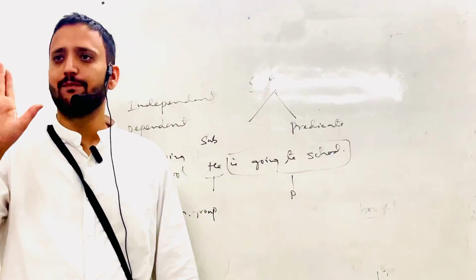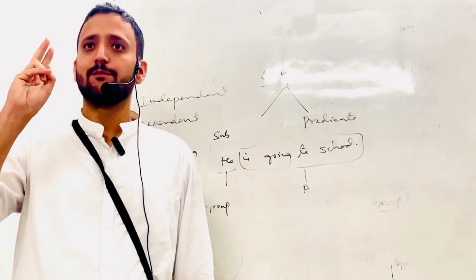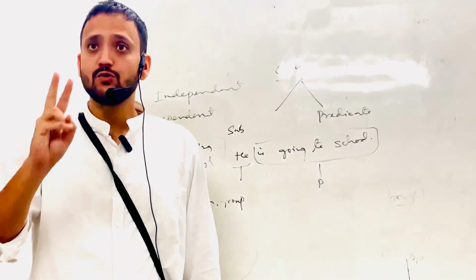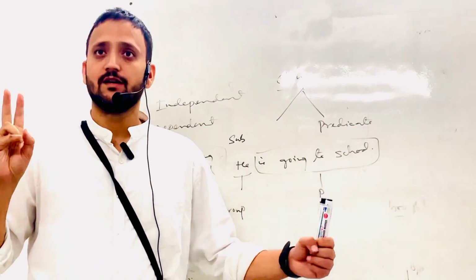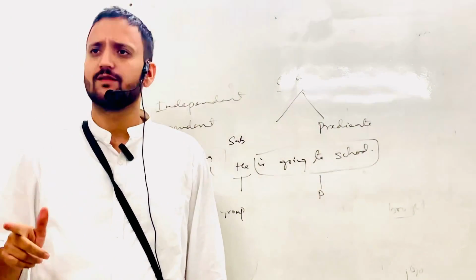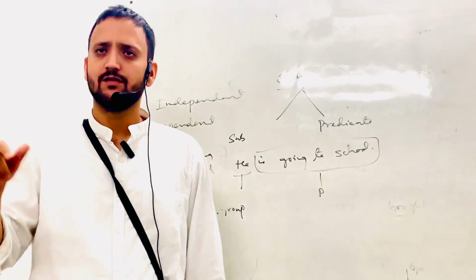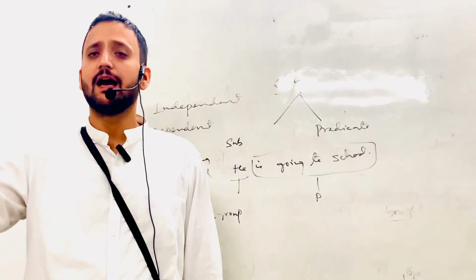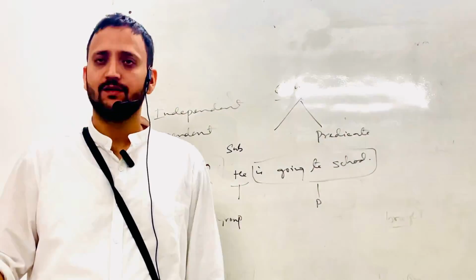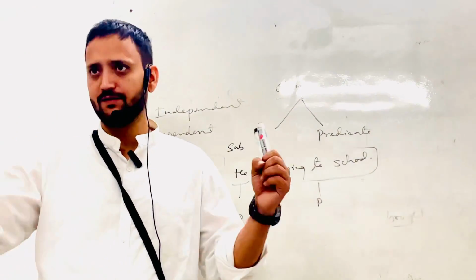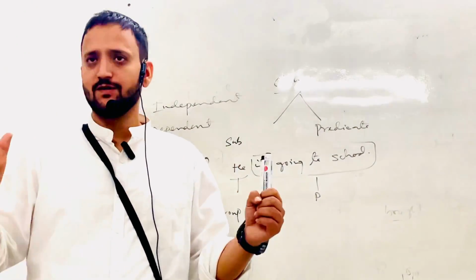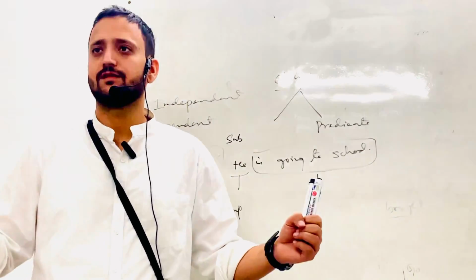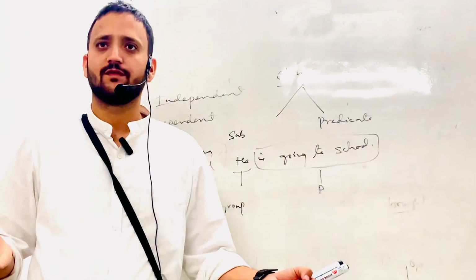Where there is only one independent clause. In compound clause, there are two independent clauses, mostly joined by a conjunction. He sings songs, comma, and she plays cricket. Both are independent clause, but it's one sentence. But in one sentence, we have two independent clauses joined by a conjunction.